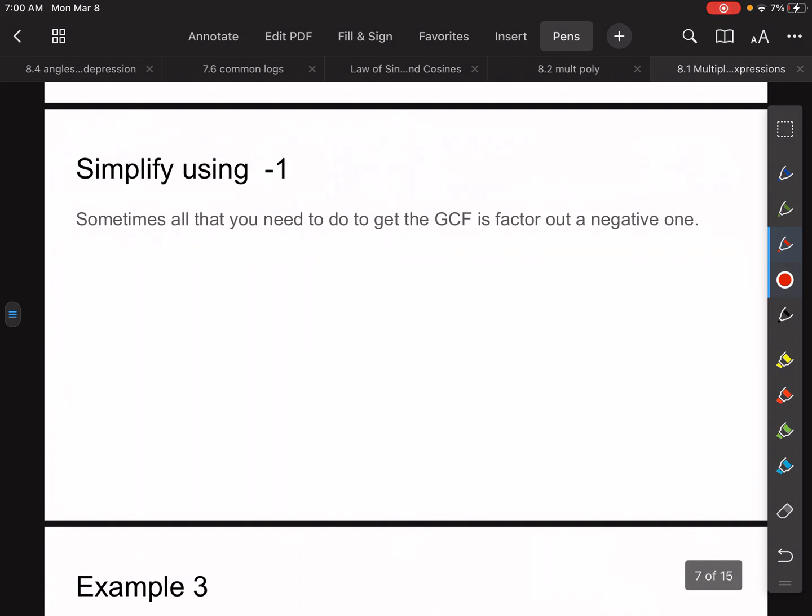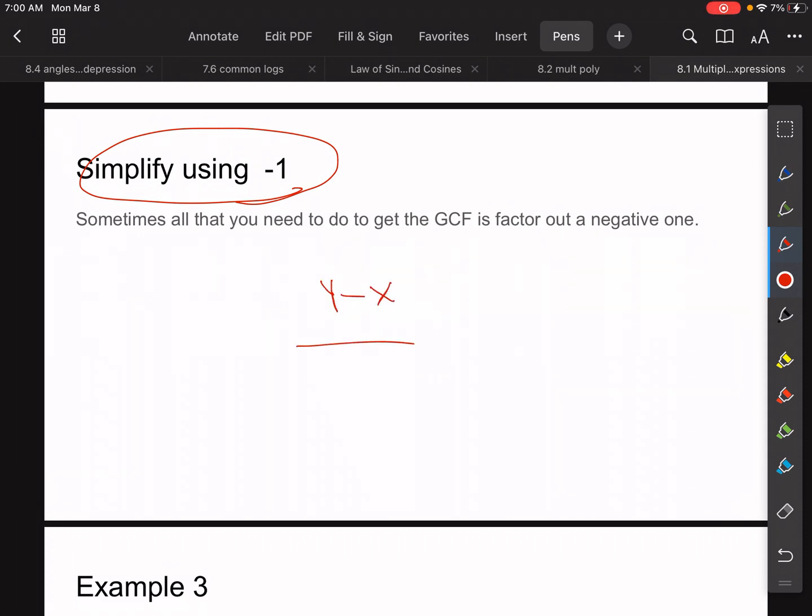Now, sometimes if we factor out a -1, we can change how things look. For instance, if I had something like 4 minus x, and I wanted to try to cancel that with x minus 4. Is that right? Yeah.